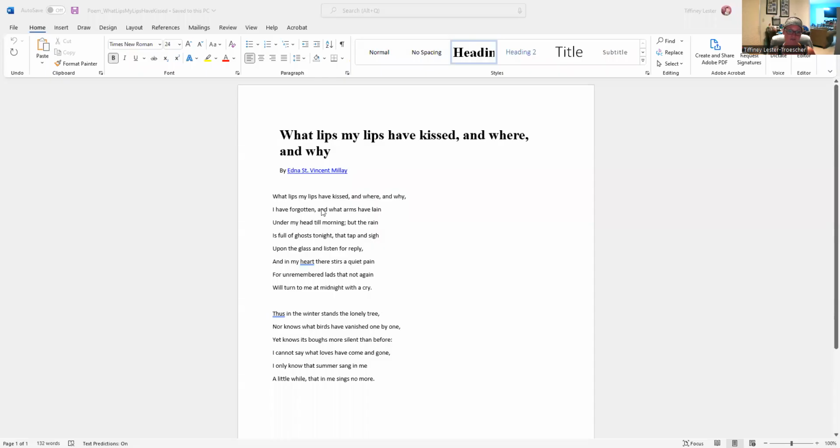Okay, so we've got the first 8 lines here, and then there's this gap, which indicates a shift into the last 6 lines. There is a metaphor in these 6 lines. And the comparison, you remember a metaphor is 2 things, right?